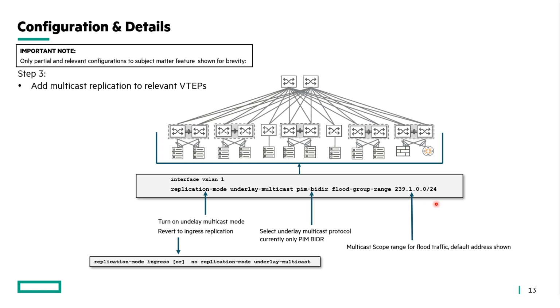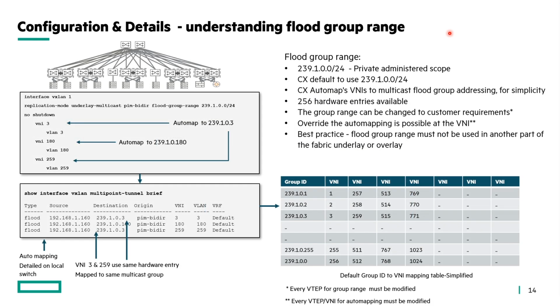You can change the flood range to your own range to ensure there is no clash with an existing multicast group that is configured. Now let's continue around configuration details and understanding further the flood group range.